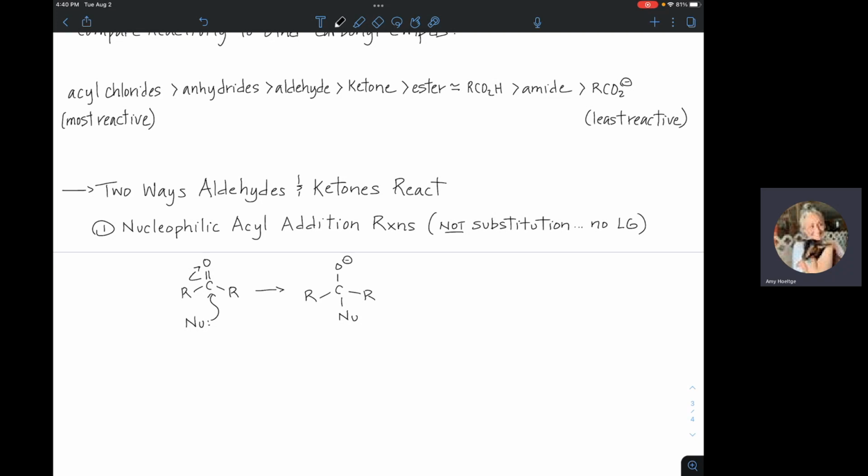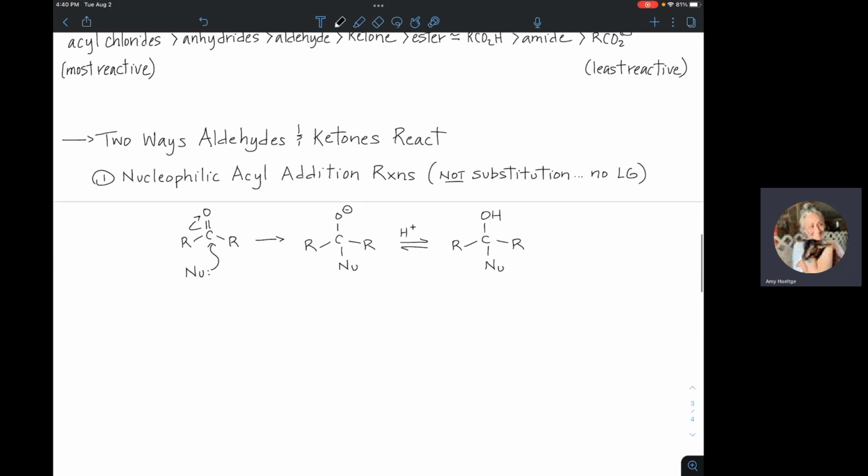We have our tetrahedral intermediate, just like we did before. And we work this up with some acid and protonate the oxygen. So we have effectively added a nucleophile to the carbonyl carbon, and we have then protonated the negatively charged oxygen to create an alcohol, depending on what the nucleophile is.